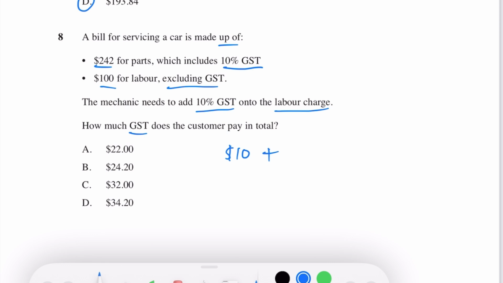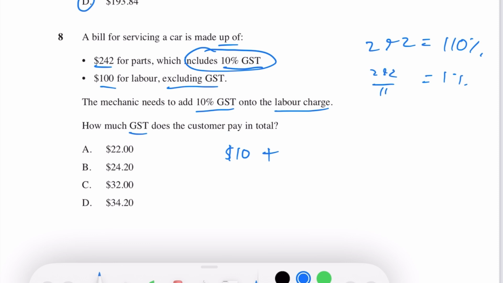And then we need to add that to the GST for the parts. But the 242, we don't find 10% and add it on because it already includes 10%. So 242 is equal to 110%. Anytime you see including 10%, take that dollar figure and make it equal to 110. Then we can simply use the unitary method. So we can find what 1% is equal to by dividing this by 110. And then we want to find what 10% is, what the GST is.